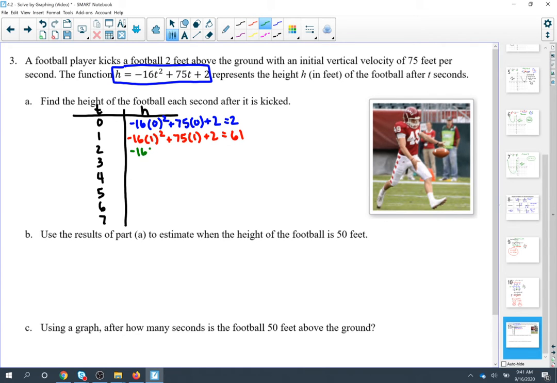Negative 16 times 2 squared plus 75 times 2 plus 2 is 88. Negative 16 times 3 squared plus 75 times 3 plus 2 is 83.